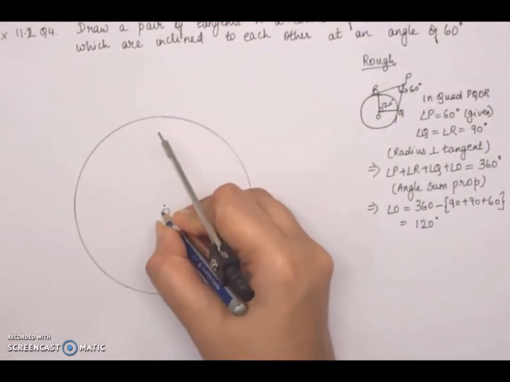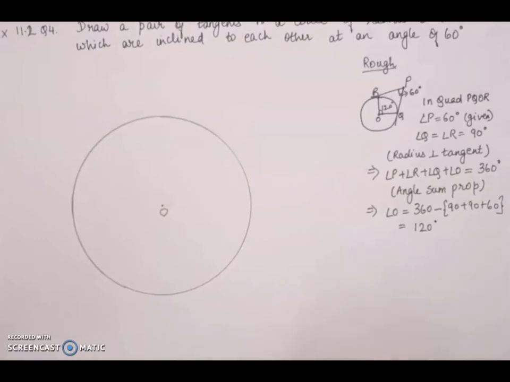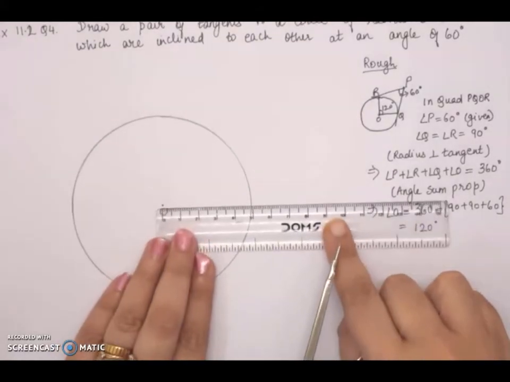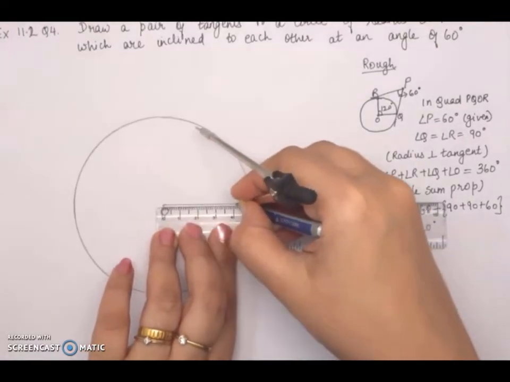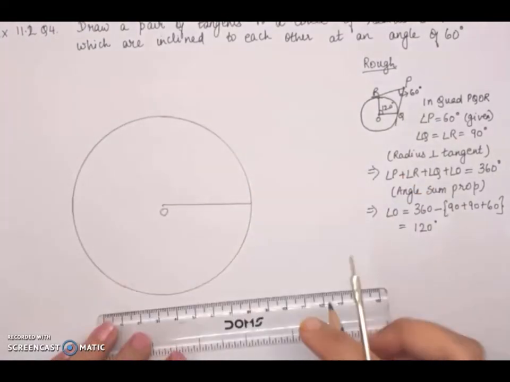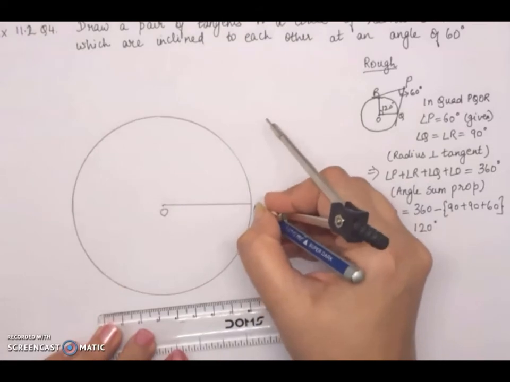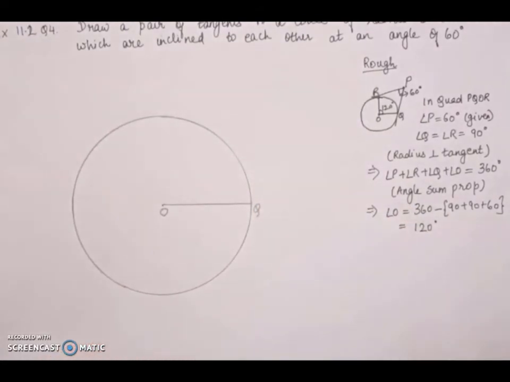We will mark O as the center of the circle. Then we will draw a radius. This is OQ, the first radius.